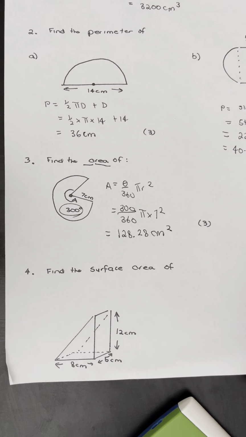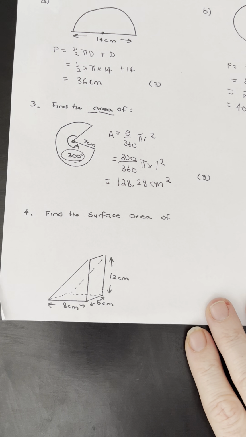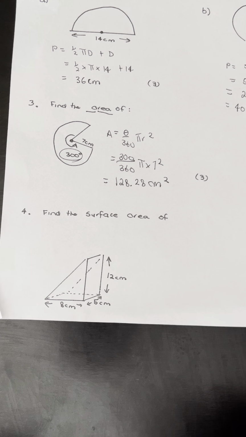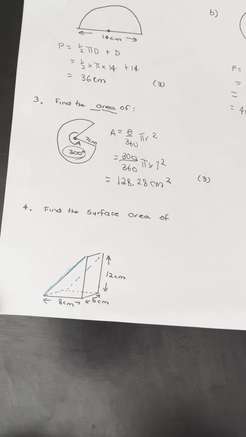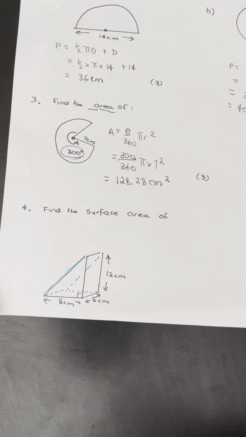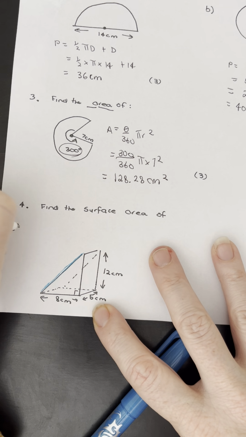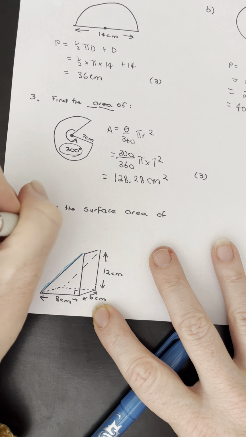Now this one here, we've got surface area. Now I've made this one a little bit of a trick to it, because we are not given the length of this side here. But we know Pythagoras' theorem, assuming that this is a right angle there, so we can find out that side length. So I'm going to do that to start with, so that I've got that measurement ready to go. So c squared is equal to a squared plus b squared.